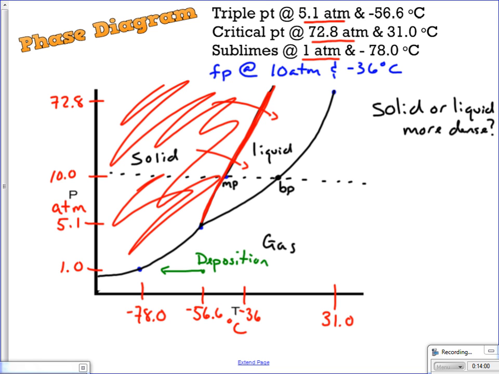If for some reason I said that that was at 10 ATM and 31 degrees, what process would that be? So I'm up here now, and I start to lose temperature. Well, what's that? Going that direction? That's called condensation. So we could ask about all sorts of different directions and what process occurs in that phase diagram.